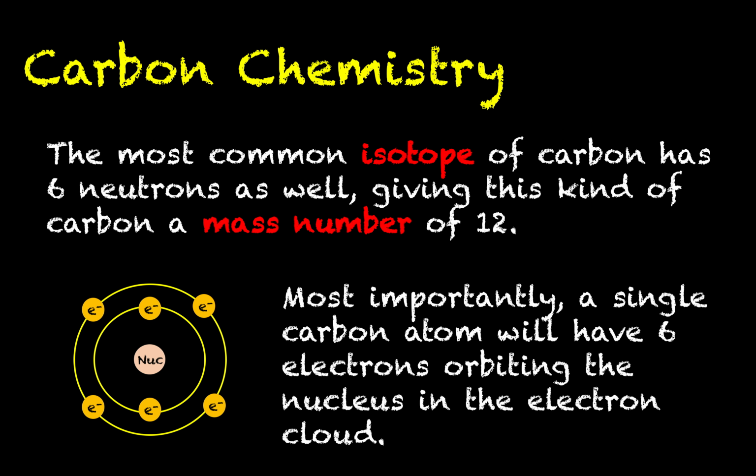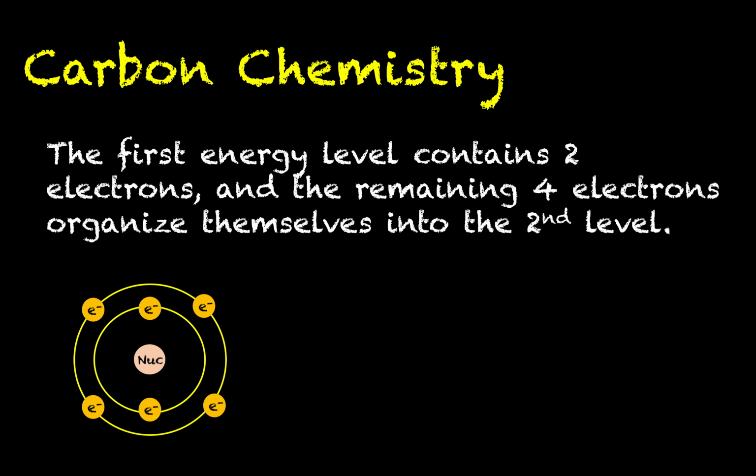As I said before, the most important thing to consider is the number of electrons that circle the nucleus in the electron cloud. So for a single carbon atom that is electrically neutral, this number will be 6. The first energy level contains 2 electrons, and then the remaining 4 electrons organize themselves into the second energy level.